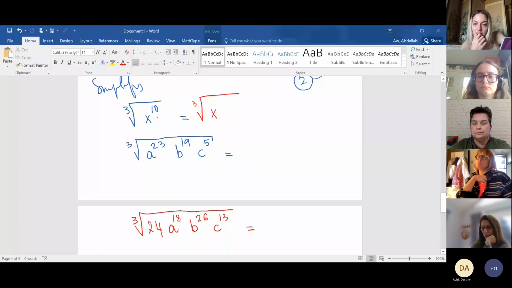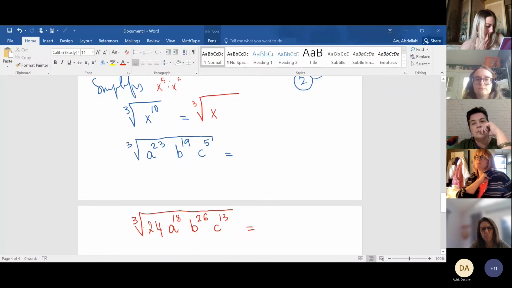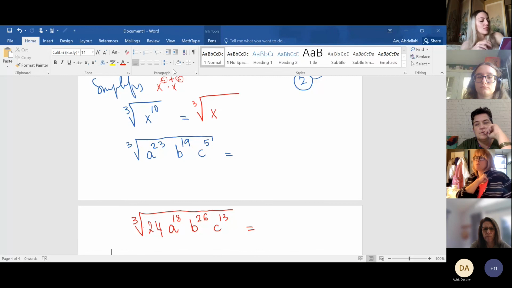Okay, so now you have to look. When you add the two exponents, they should be 10, right?